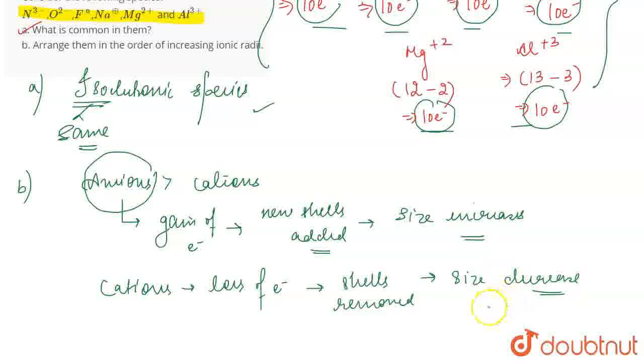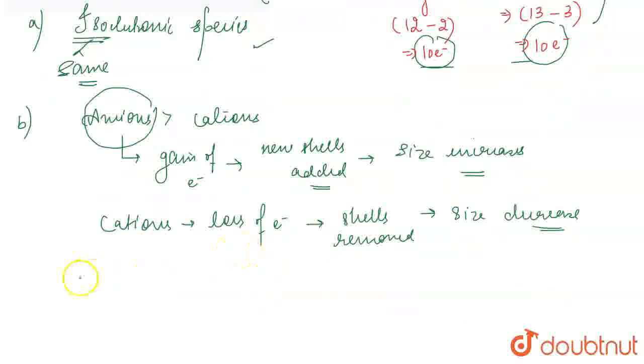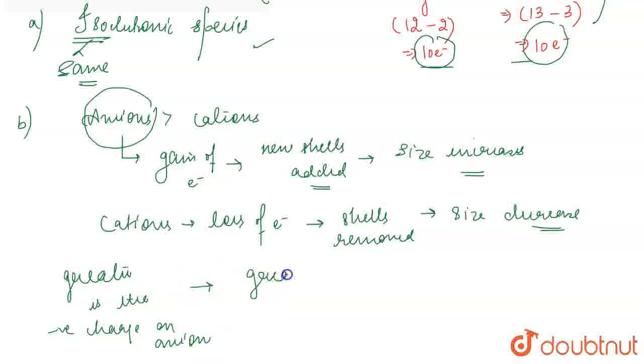Okay, so the size decreases. That is why anions are always greater than cations. Okay, so greater is the negative charge on anion, greater is the size.